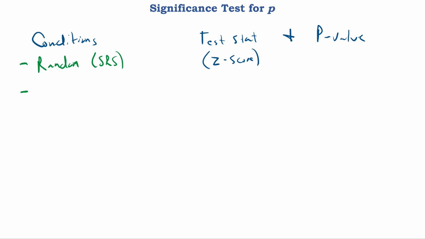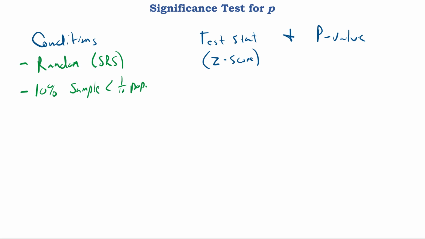The second condition is the 10% condition: the sample is going to be less than 1/10 of the population. That needs to be met for us to move forward with the actual equations we use to calculate standard deviations, means, or proportions.